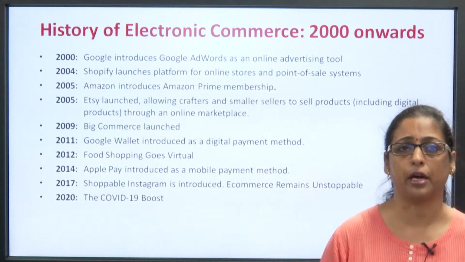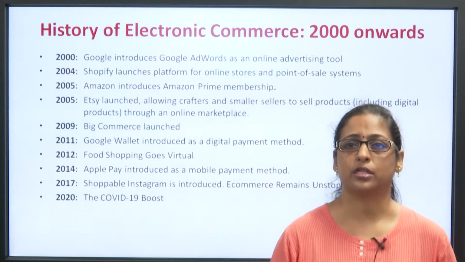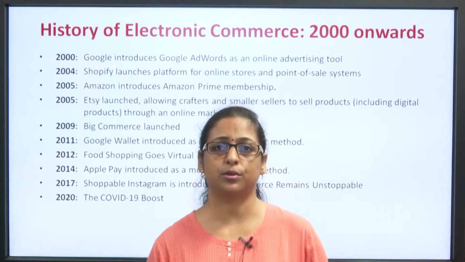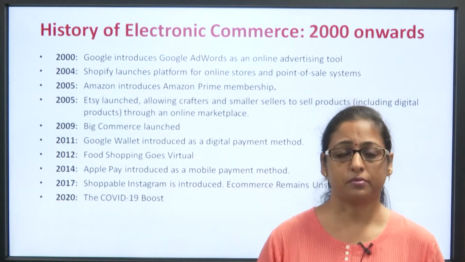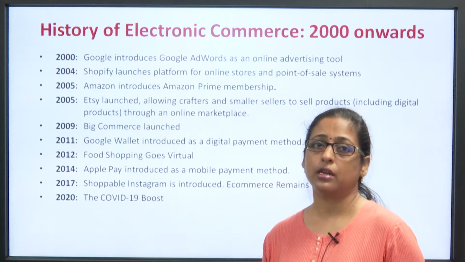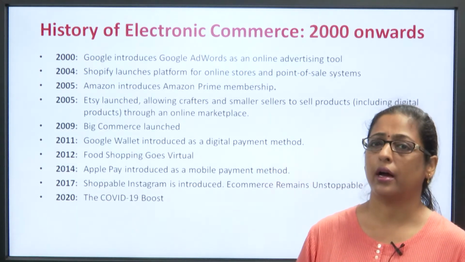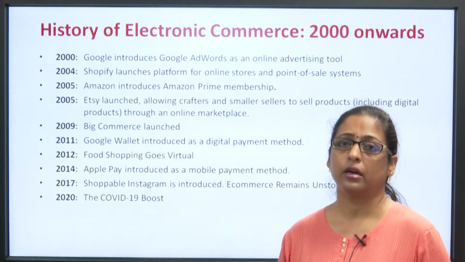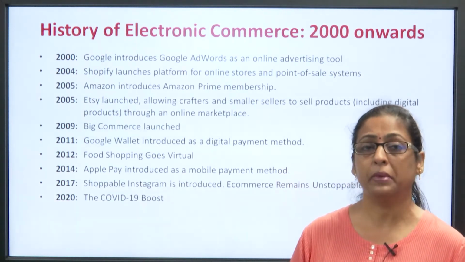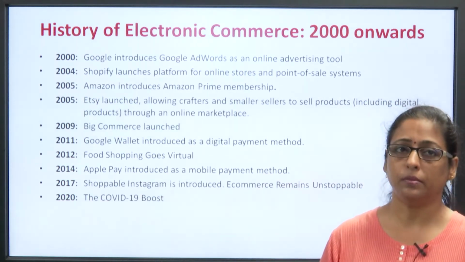Then in 2005, Etsy launched, allowing crafters and small sellers to sell products, including digital products, through an online marketplace. In 2000, BigCommerce was also launched. In 2011, further improvements happened in electronic payment methods, and Google Wallet introduced a digital payment method.